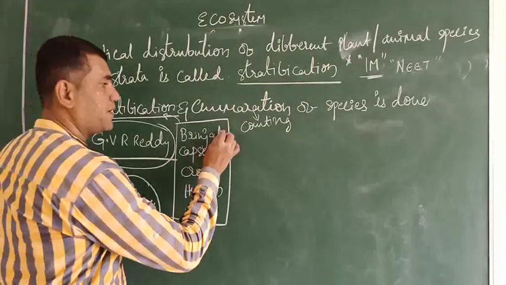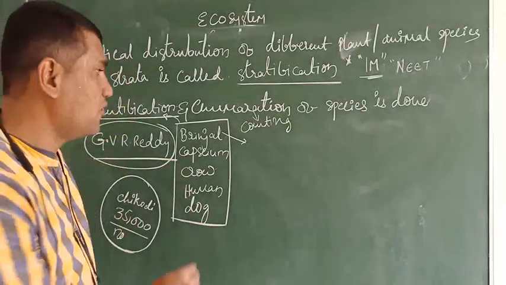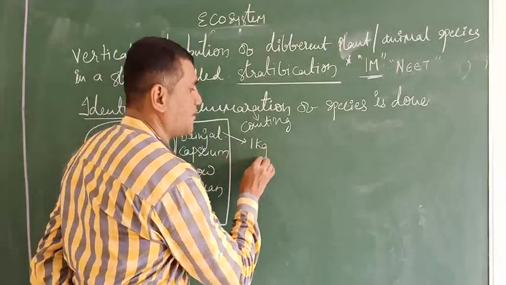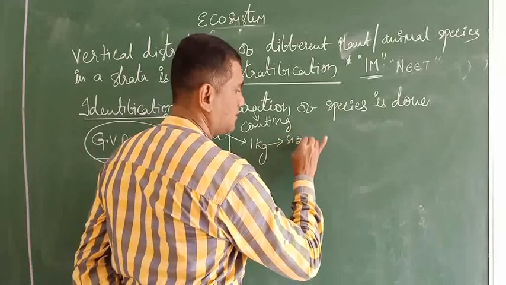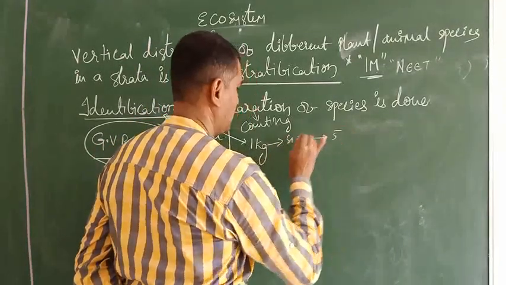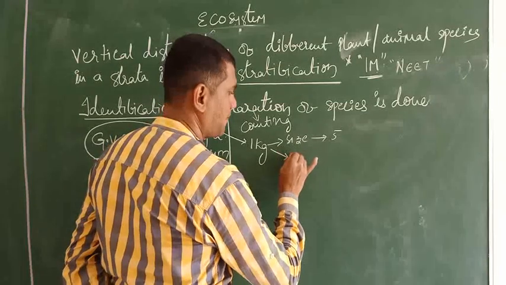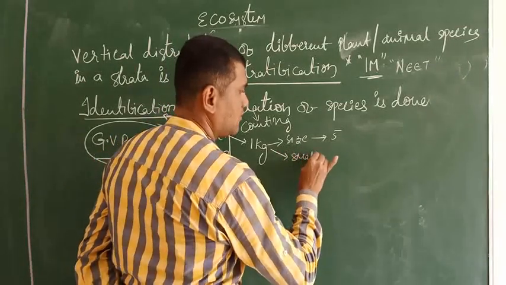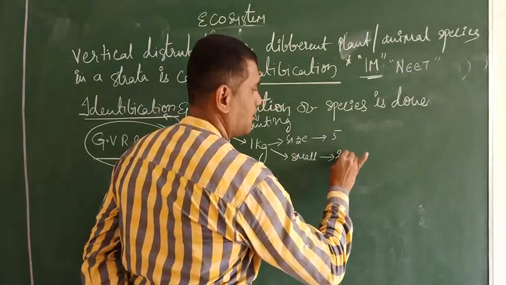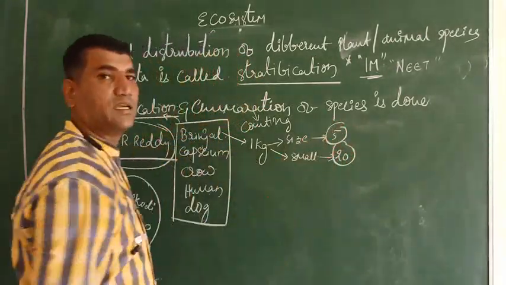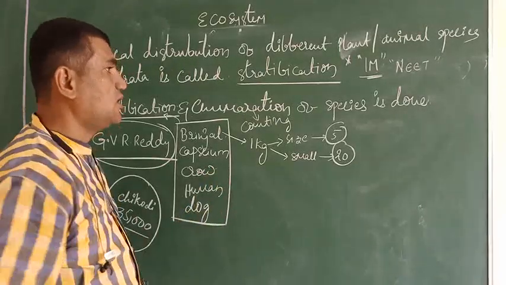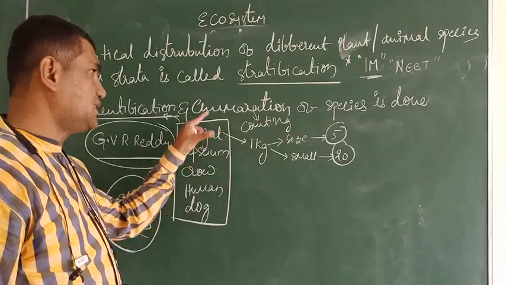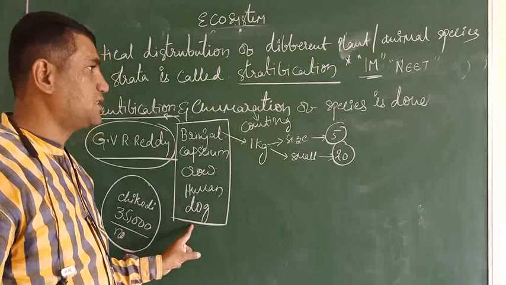And for brinjal, for 1 kilo, how many brinjals will come depends on the size. If the size is big, 5; if the size is small, 20. So here enumeration means counting. Capsicum, like that.